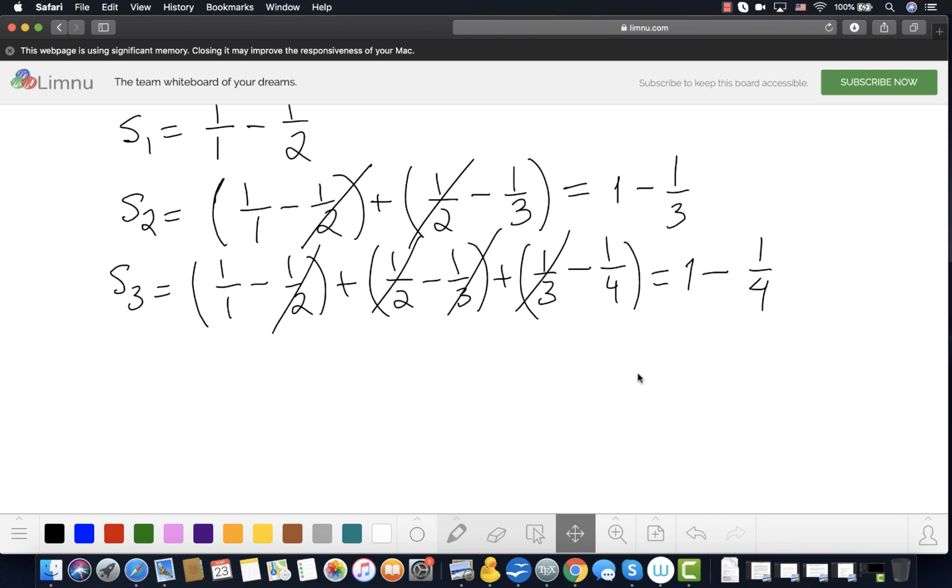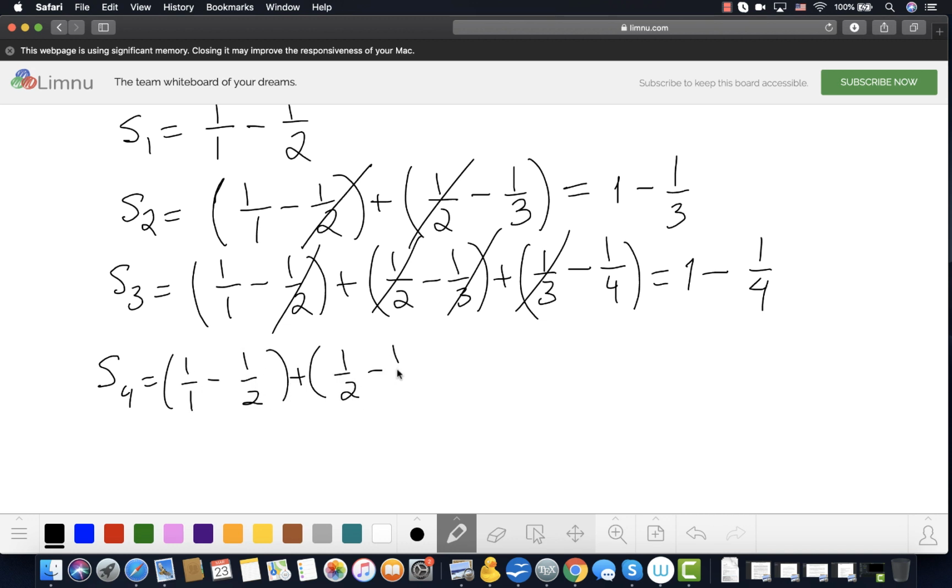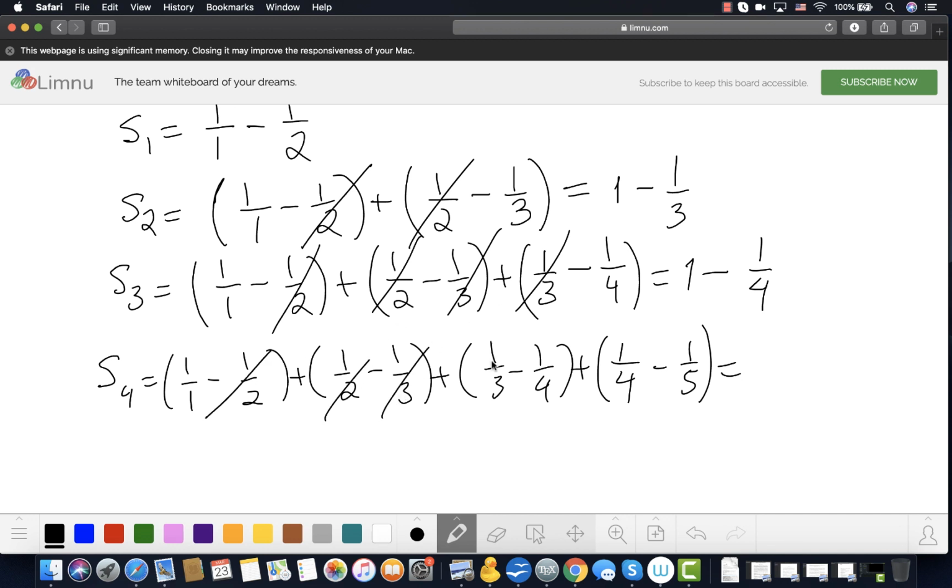So let's do one more example just to be sure. S4 is 1 divided by 1 minus 1/2 plus 1/2 minus 1/3 plus 1/3 minus 1/4 plus, now I have to add the term corresponding to n equals 4, and that's 1/4 minus 1/5. And so again, lots of cancellations happen. These cancel, and so you just get 1 minus 1/5.